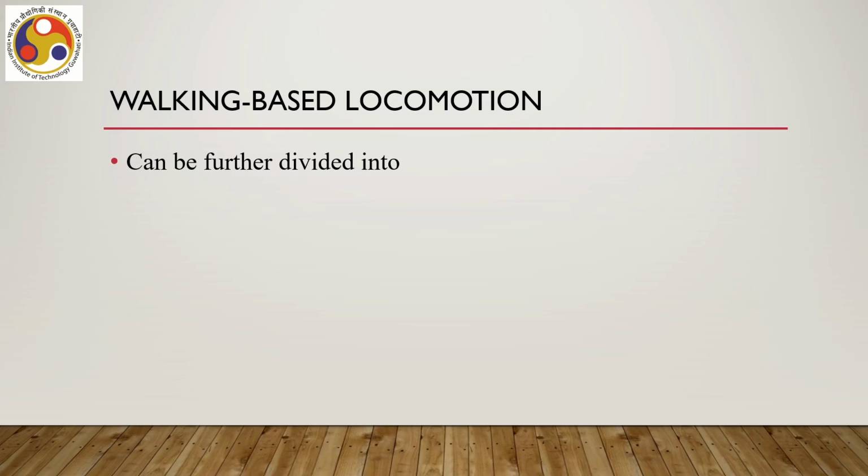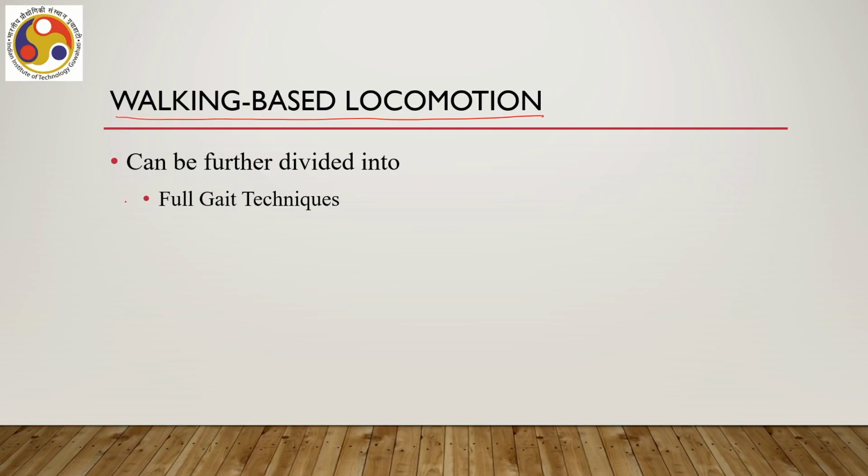Now, let us try to understand each of these techniques one by one. We will start with the first technique, that is walking based locomotion. As the name suggests, walking based locomotion refers to travelling in the virtual world by physically walking in the physical world or the real world. So, some sort of walking or some sort of physical movement is involved for corresponding virtual movement in the virtual world.